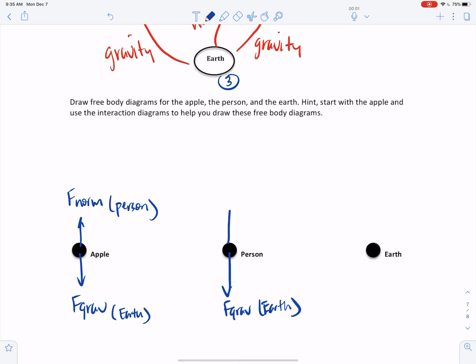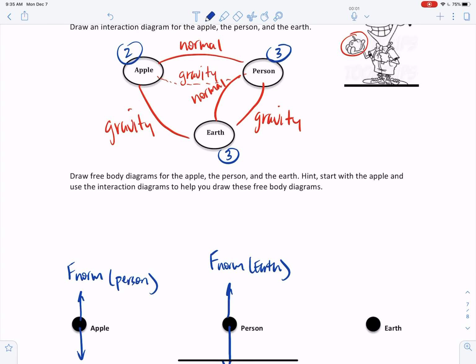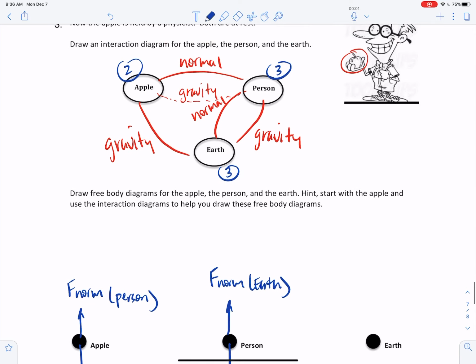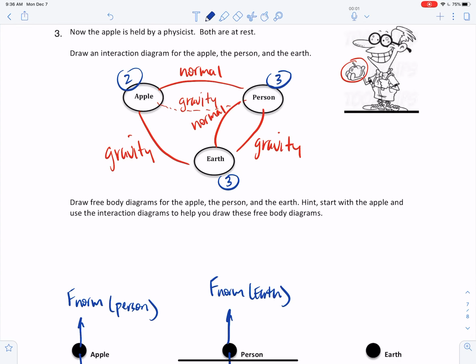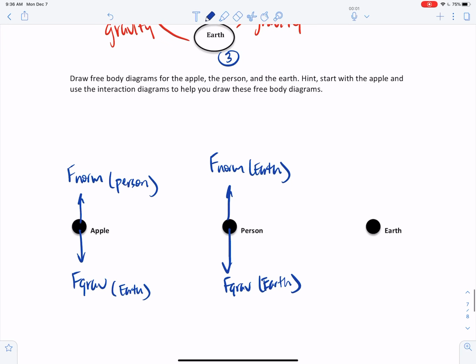The person is being supported by a normal force from the earth. And then the person is also experiencing a normal force from the apple, okay? So imagine you're the person, you're holding an apple in your hand, you would feel the apple pushing down on your hand. So I'm going to draw that downward normal force from the apple.